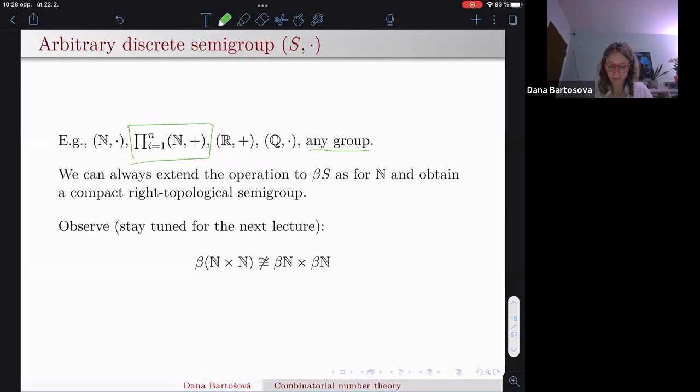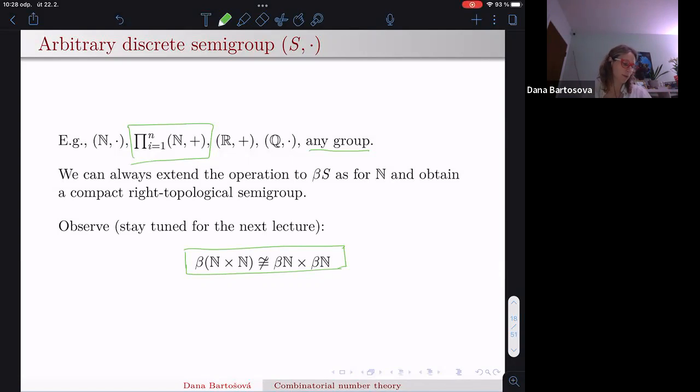And one disclaimer is that the world is much more colorful than one would at first guess, and that is that if I take ultrafilters on n cross n, this is very far from ultrafilters on n in two coordinates. So this is something that I'm particularly interested in. There are not too many results about that. So I think this is an interesting research direction also because we are lacking results.